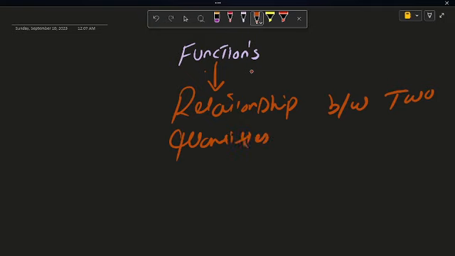And quantities means x-axis and y-axis. All the values that are on the x-axis are known as x values, and all the values on the y-axis are y values. So whenever we make a relationship between both the quantities, we say it's making a function.